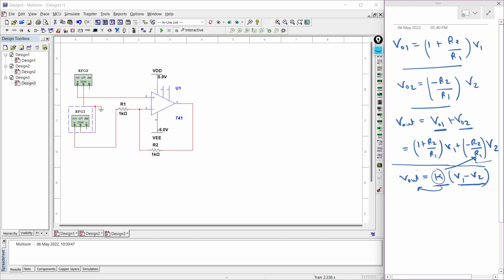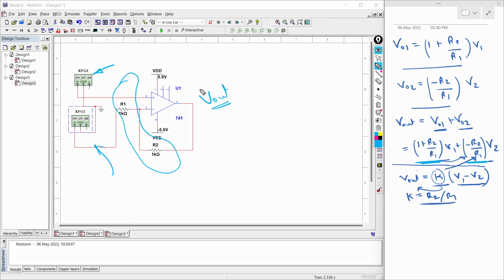So in one equation, this term is readily available. So what we'll do is modify the gain of the other signal and adjust it equal to this. That is why we are taking K equal to R2 by R1. So now we are clear about what we want to achieve: we want this gain R2 by R1 in this input, right? So we need to modify something over here.